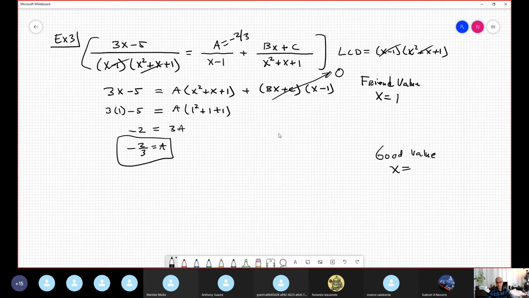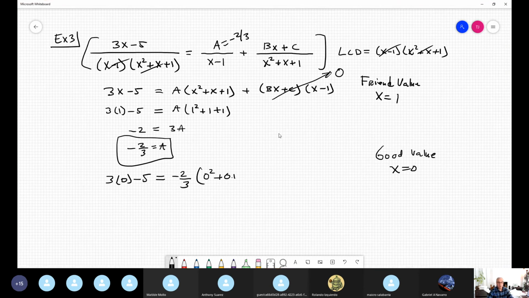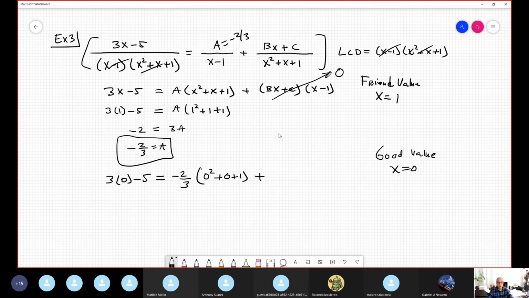X equals 0: 3 times 0 minus 5 is equal to A, which I know is negative 2/3, times (0 squared plus 0 plus 1), plus (B times 0 disappears, so B times 0 plus C) times (0 minus 1). 3 times 0 is 0, minus 5 is negative 5.